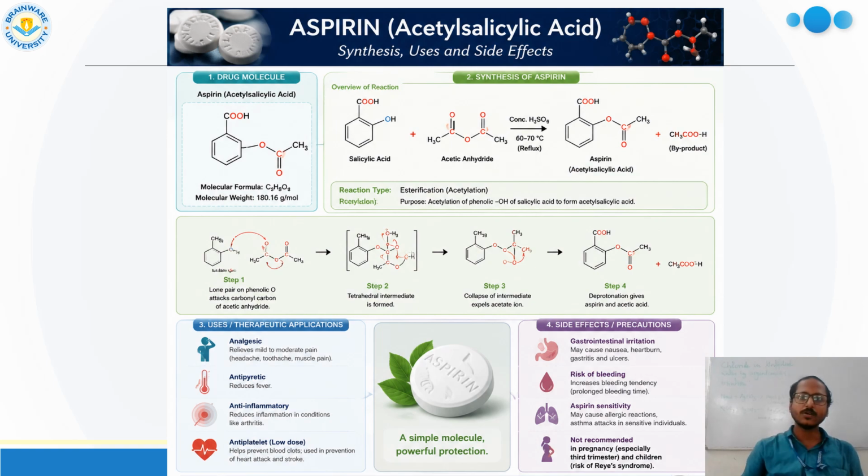The first one is aspirin, acetylsalicylic acid. This is the structure, with an acid group at the ortho position. This is a very simple reaction: salicylic acid plus acetic anhydride in the presence of concentrated sulfuric acid at 60 to 70 degrees Celsius.